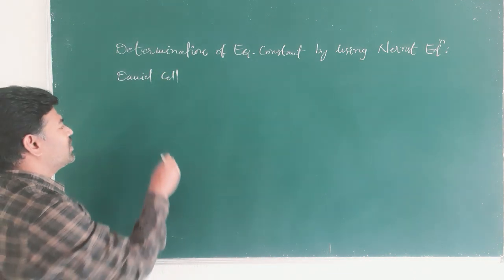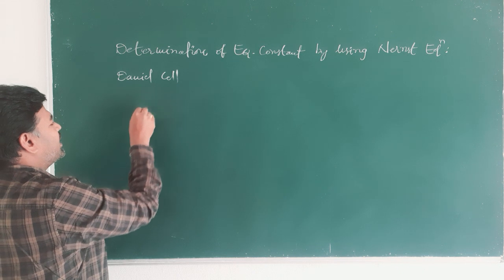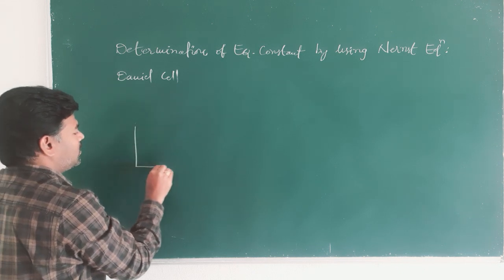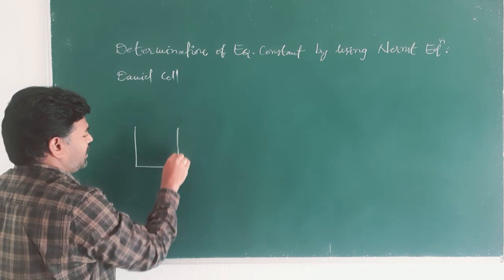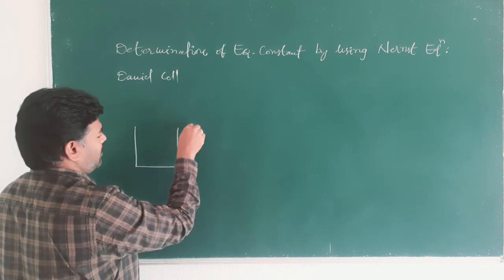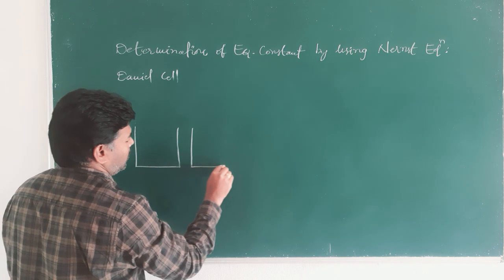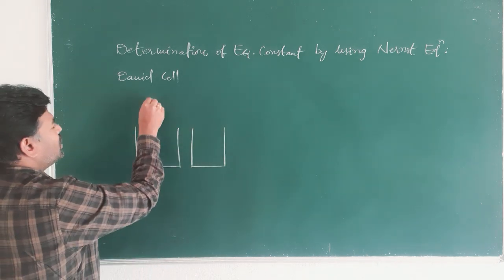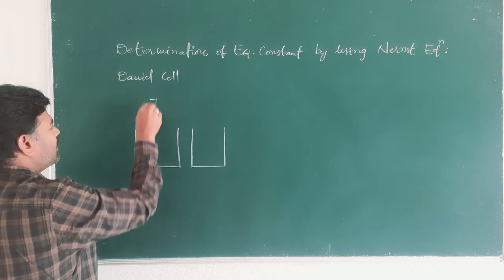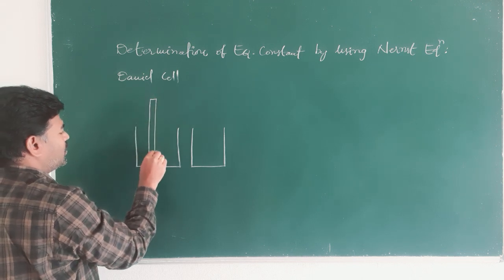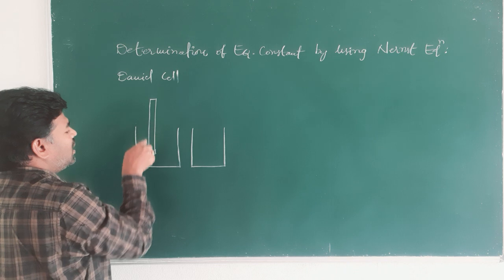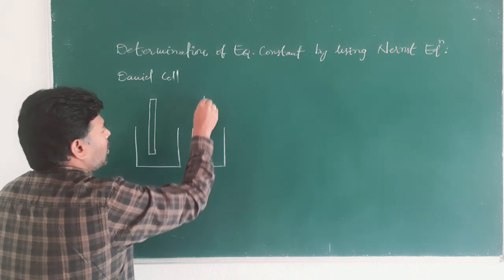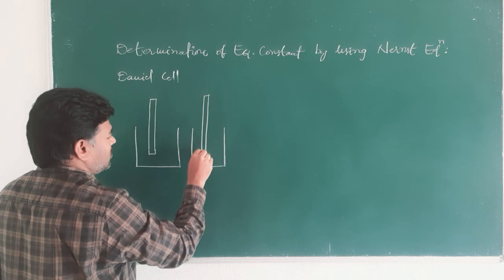Daniell cell has two compartments, in which a zinc rod is dipped in zinc sulfate solution, and a copper rod is dipped in copper sulfate solution.